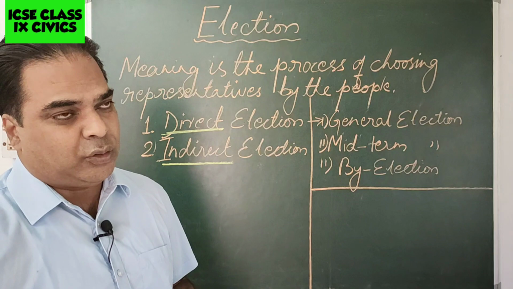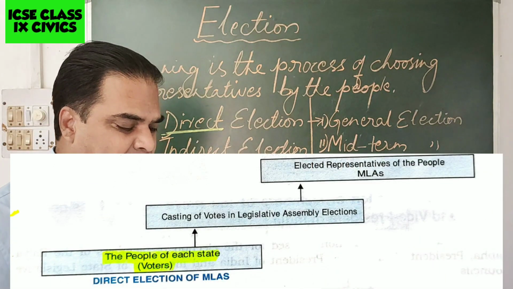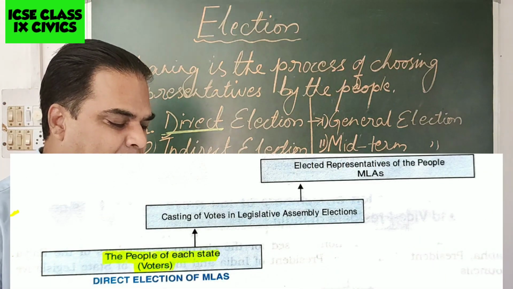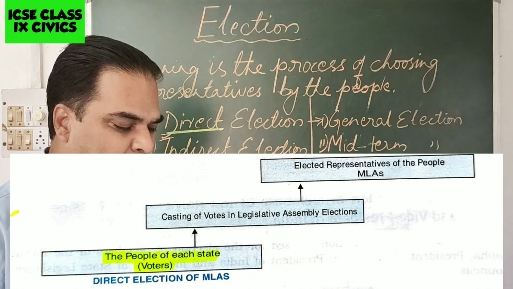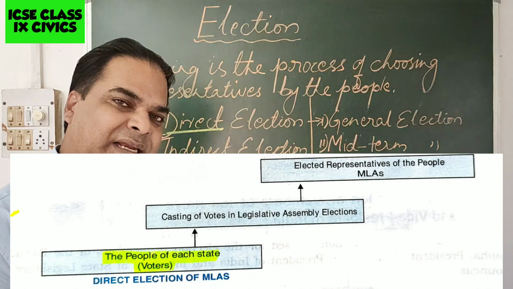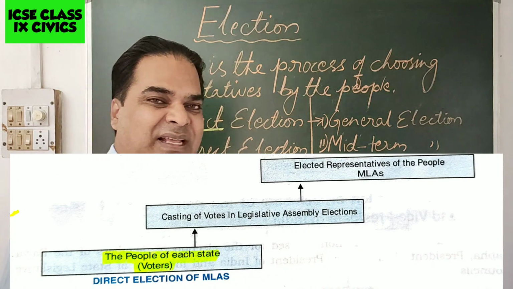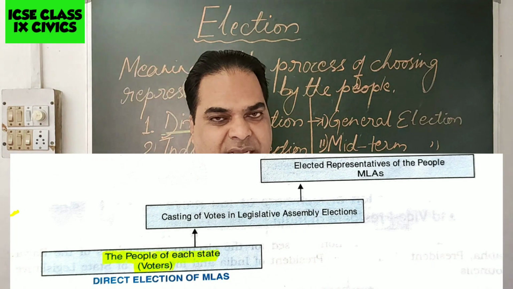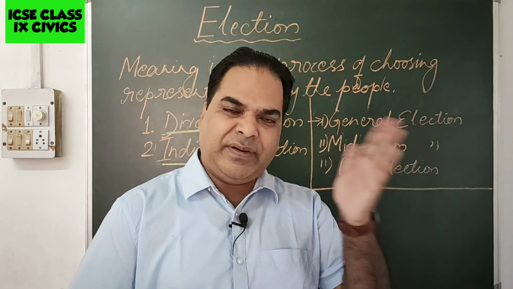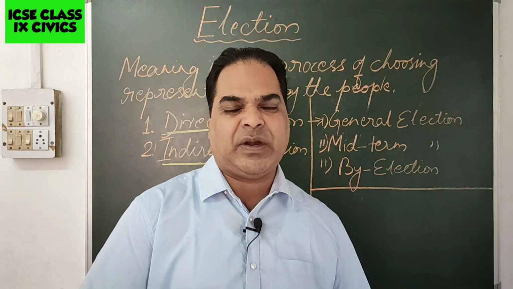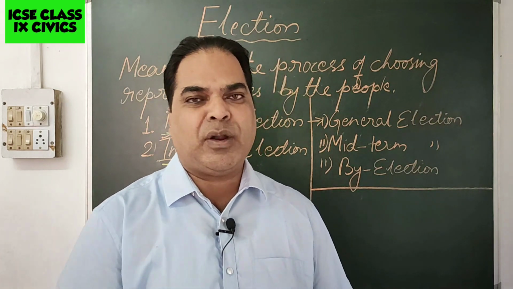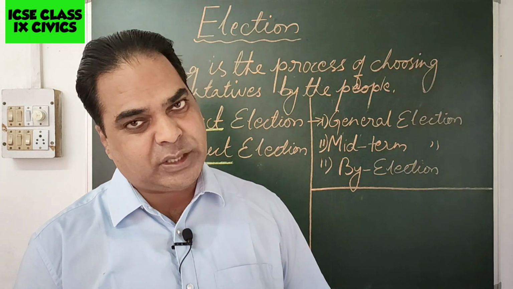So here also, to elect the member of legislative assembly, who is involved? You can see voters of each state cast their vote directly and elect the member of legislative assembly of the particular state. So different states have different numbers of constituencies. It varies from state to state, and the highest number is in Uttar Pradesh because of the population.